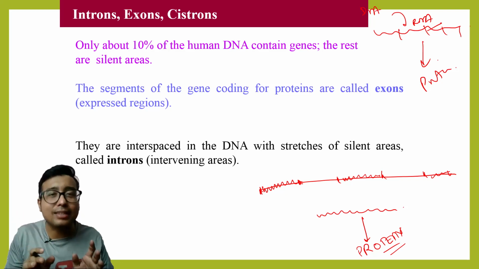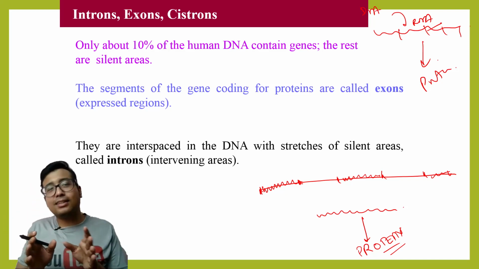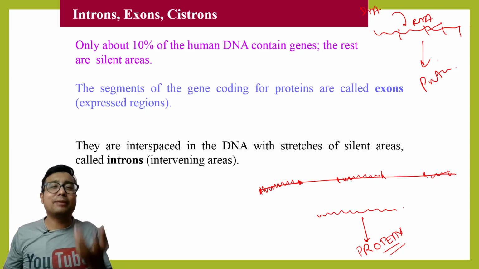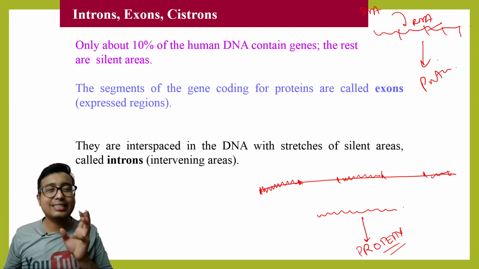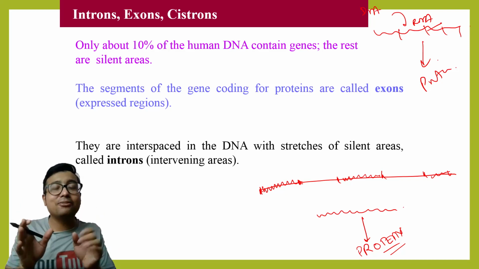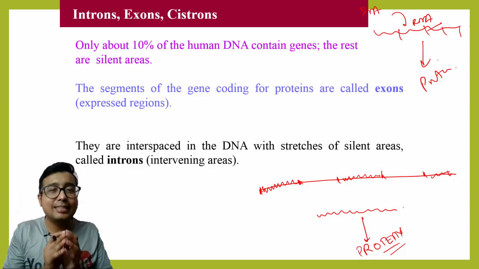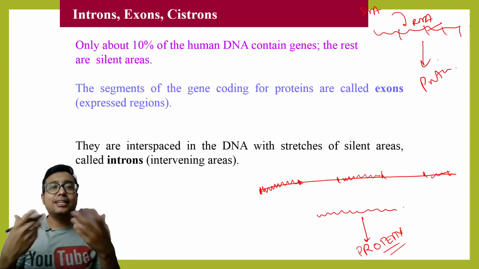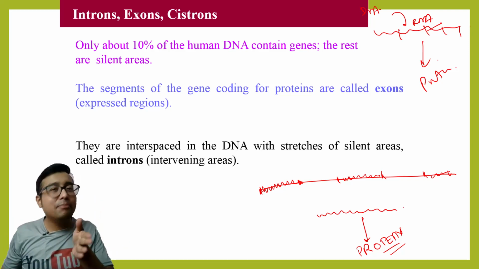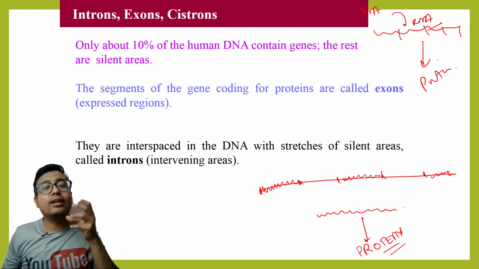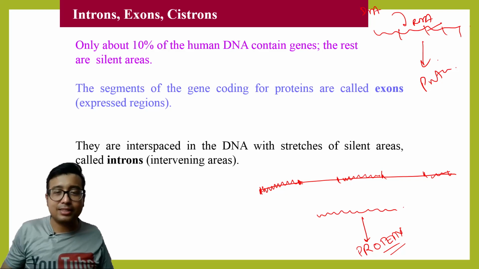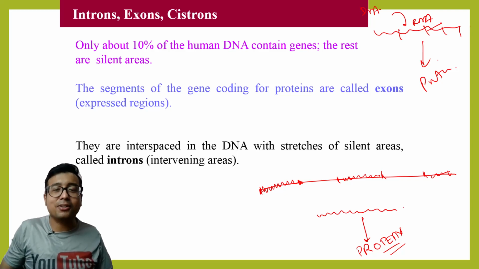If this appears confusing, then please wait patiently. I'll be making separate classes for transcription and post-transcriptional modification, and everything will be explained in great detail. I am just telling you so that you become oriented, and for those who already know, this is a good revision.